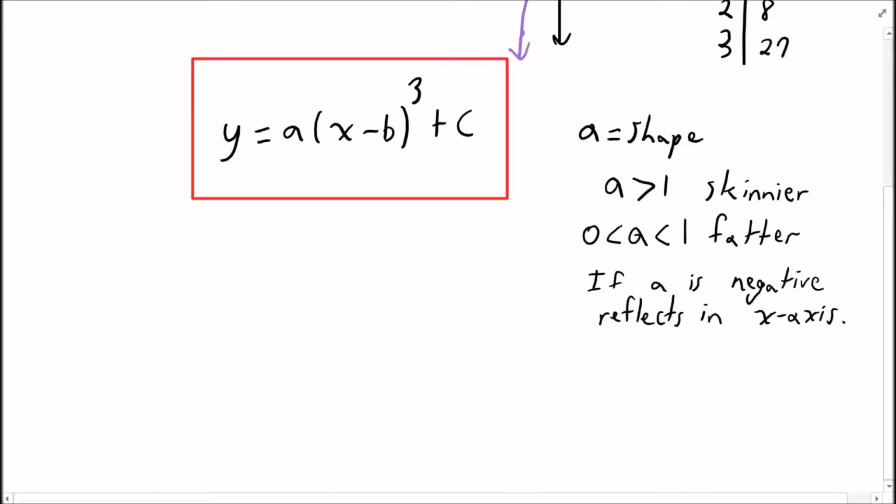So if I did a real quick sketch here again, let's say I did this. If this purple one here is y equals x cubed, then my red one here, if I flipped it upside down, would look like that. So that would be y equals negative x cubed, as in a equals -1.